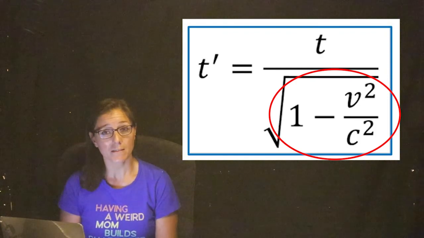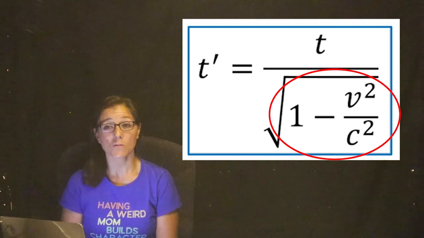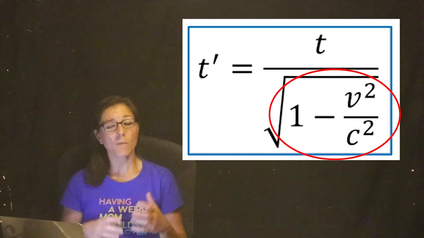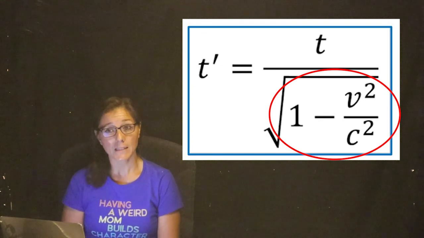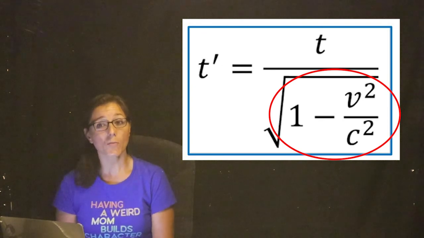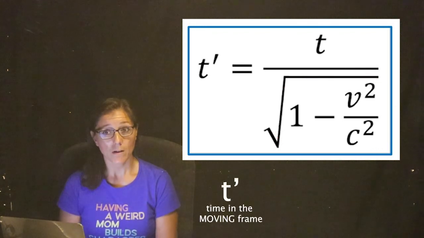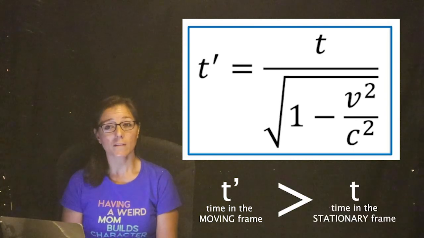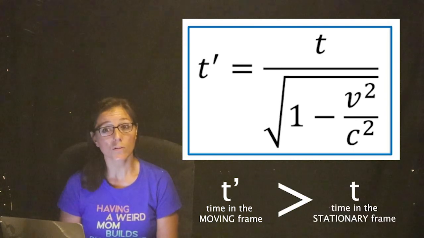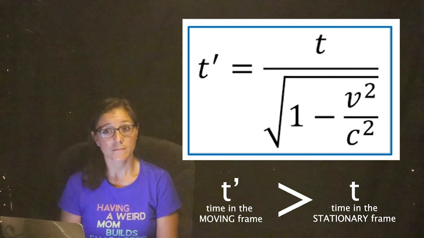T is time in the stationary reference frame. We're consistently dividing it by something smaller than 1, which is going to make that entire quotient greater than the original value of t, meaning that t prime, or the time in the moving reference frame, will consistently be longer. In other words, time is moving more slowly in the reference frame that is moving.